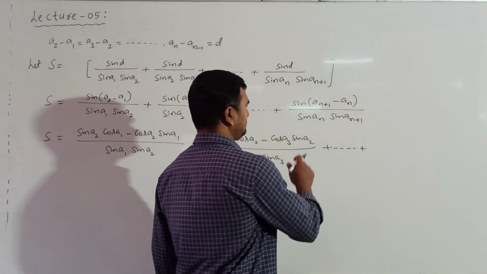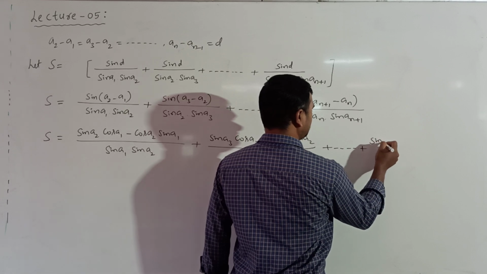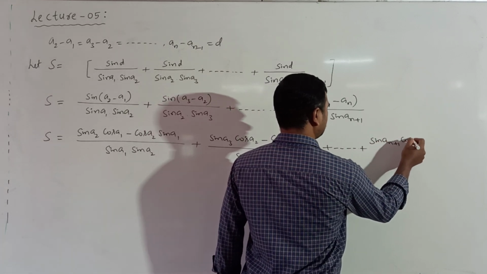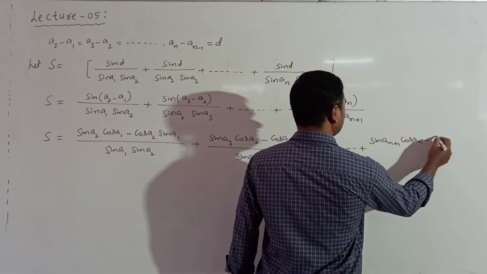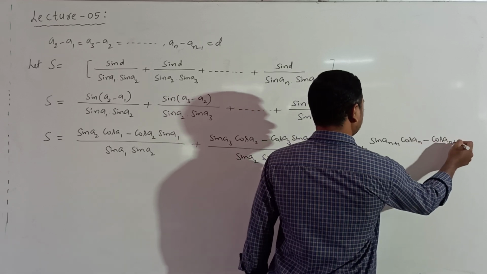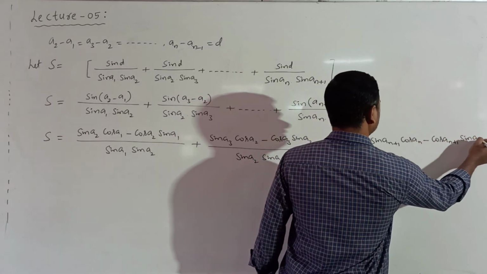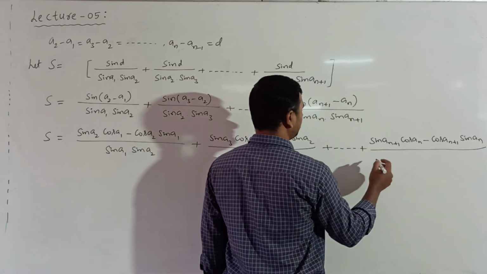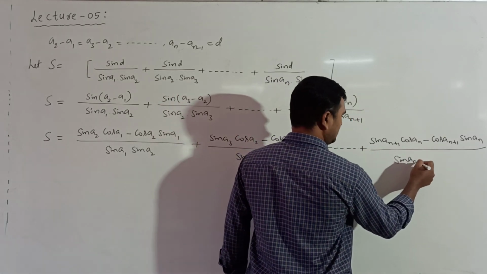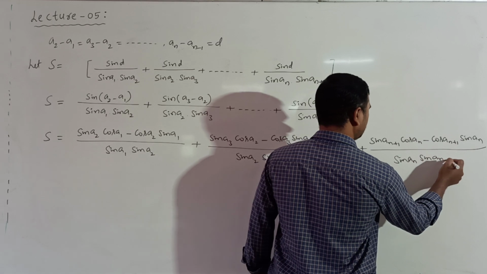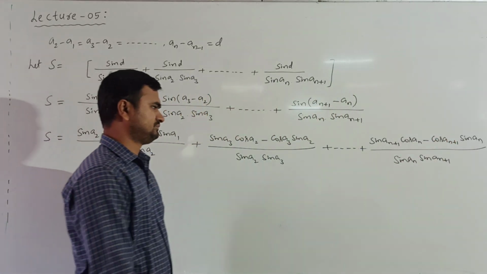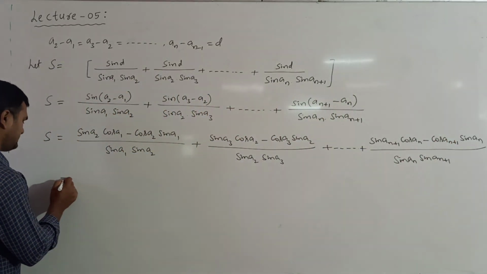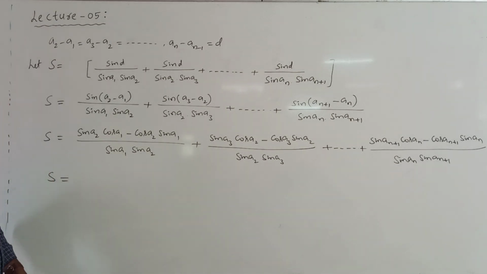Last term sin an plus 1 cos an minus cos of an plus 1 into sin an divided by sin an into sin an plus 1. Now divide each of the terms and see what we get.